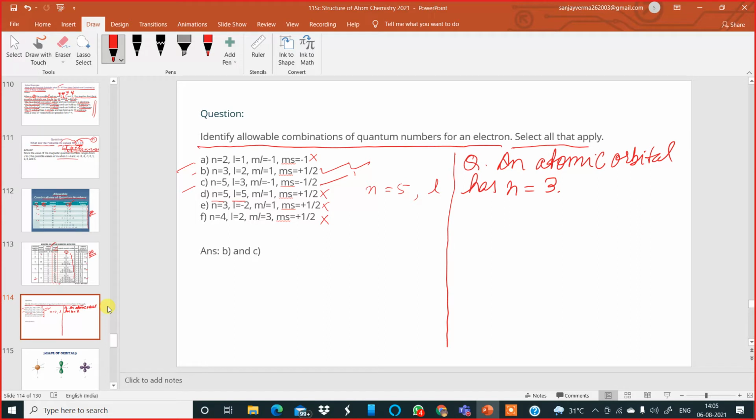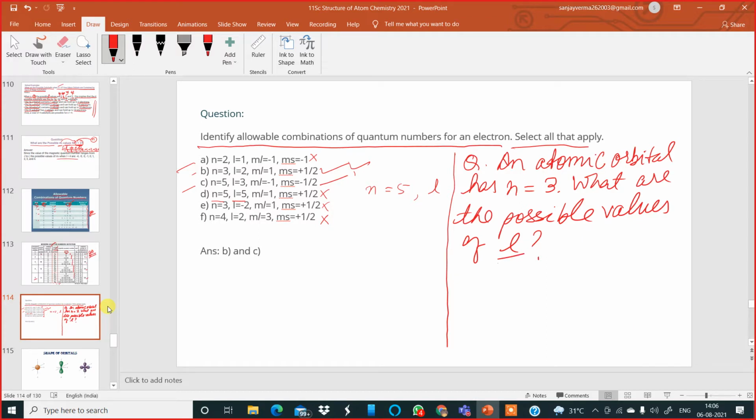Now the question says, what are the possible values of l? An atomic orbital has n is equal to 3. What are the possible values of l?